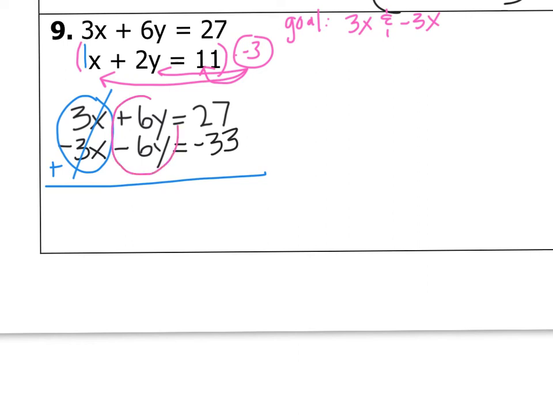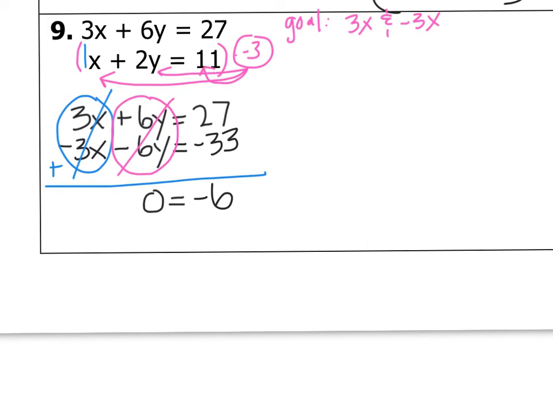Positive 6y and negative 6y cancel one another out. What do I even have left on this side of the equal sign? Well, I've got a 0. And then I've got this math to do. I've got 27 and negative 33, which gives me negative 6.